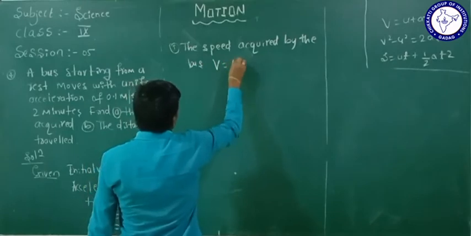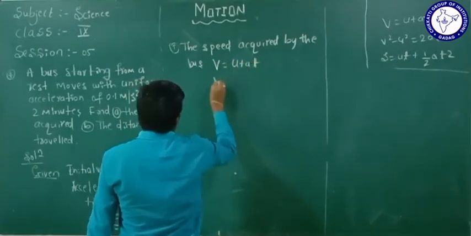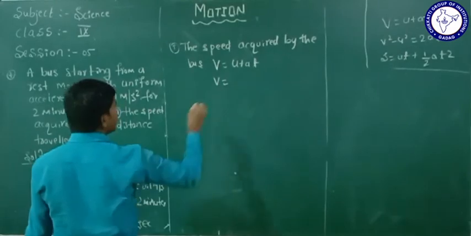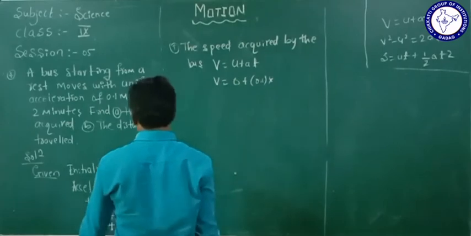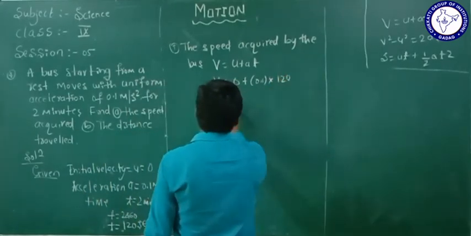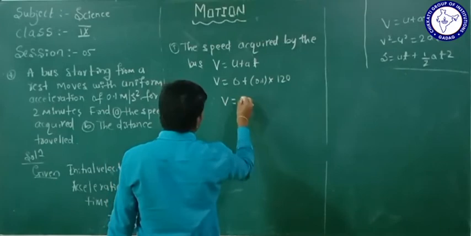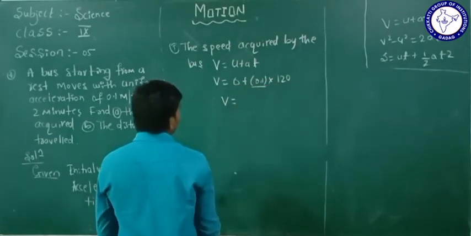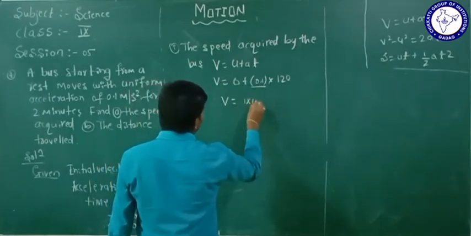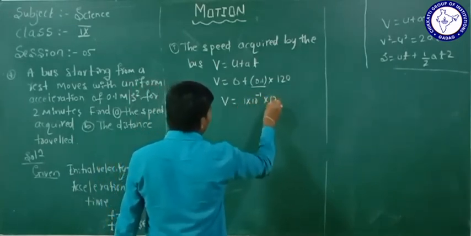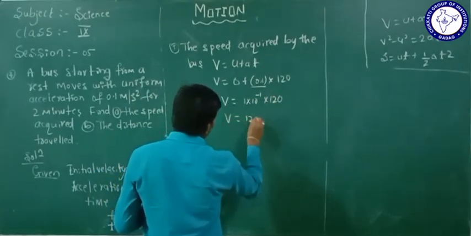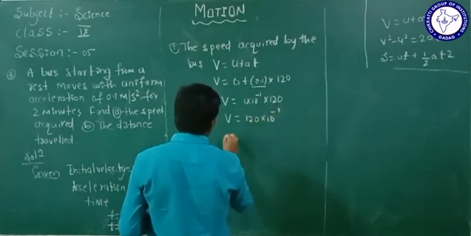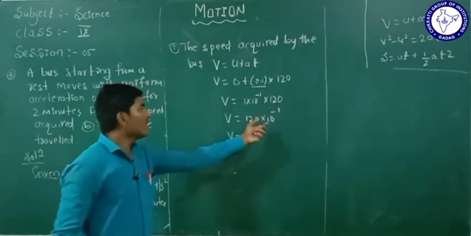v is equal to u plus at. v is equal to the value of u, which is 0 here, plus a is 0.1 into the time 120 seconds. Therefore v is equal to 0.1, I can write it as 1 into 10 raised to minus 1, into 120, that is 120 into 10 raised to minus 1.